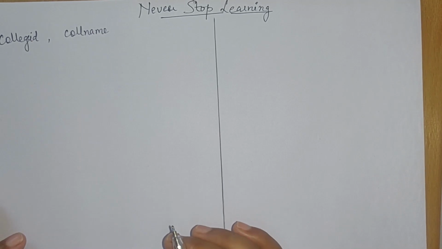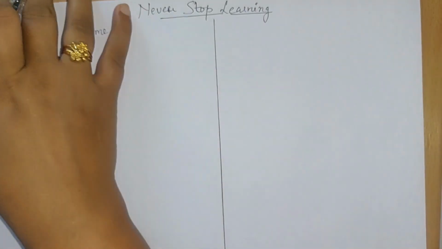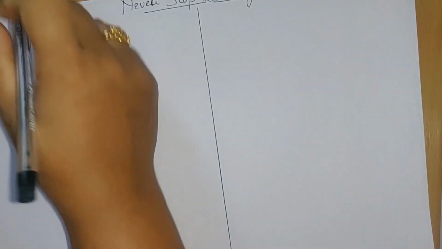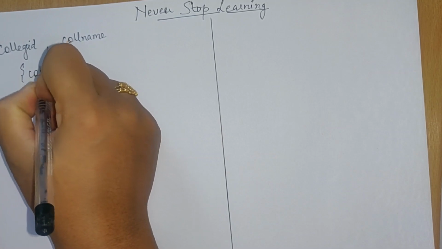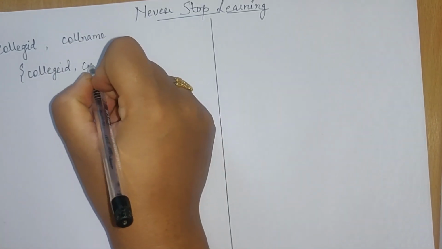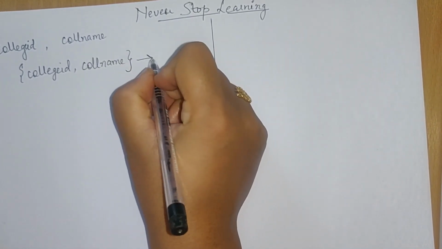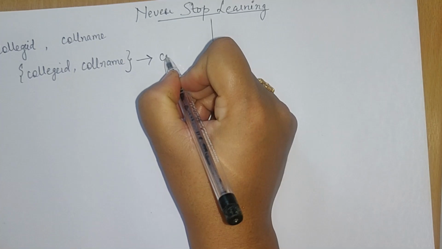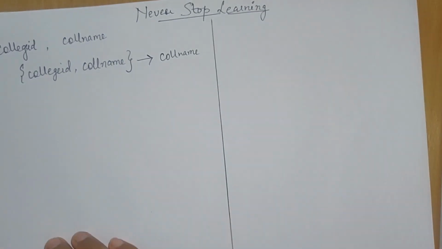Okay. Now, if I am saying that there is a dependency like this, you have given college ID and college name, and there is a dependency here where you can determine college name.